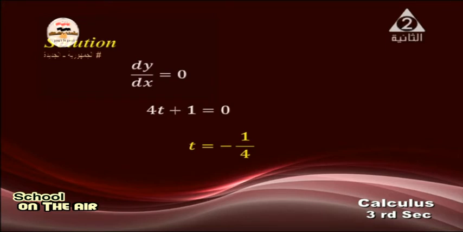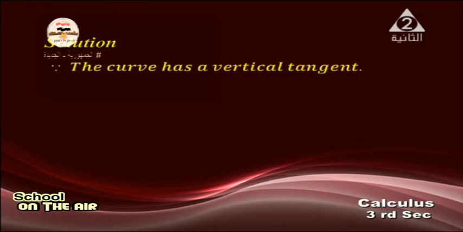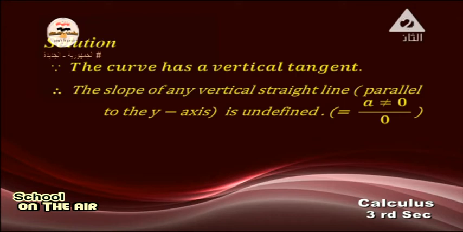In the second requirement, the curve has a vertical tangent, and we know that the slope of any vertical straight line parallel to the y-axis is undefined, equal to any real number not equal to 0 over 0. Then dy/dx is undefined, 1 over 0.